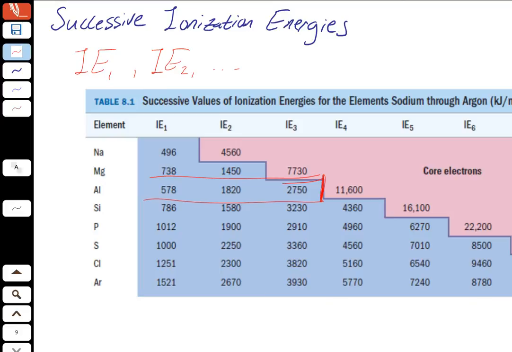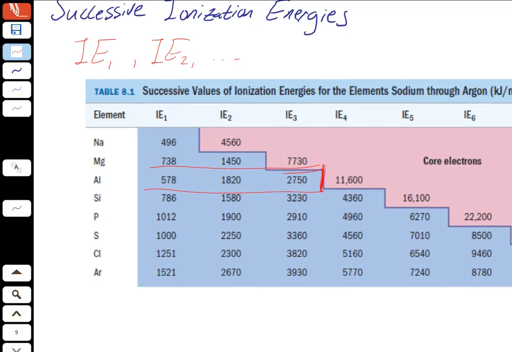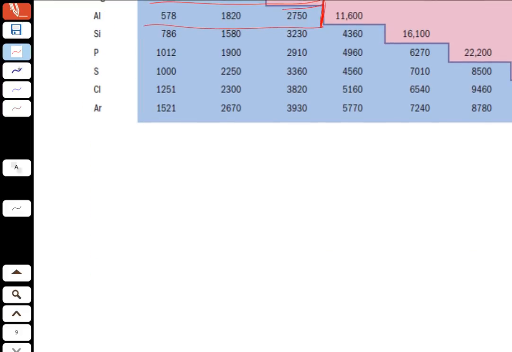All right, and then the opposite of ionization energy is something called electron affinity. And this is the energy given off when an electron is added to an atom.